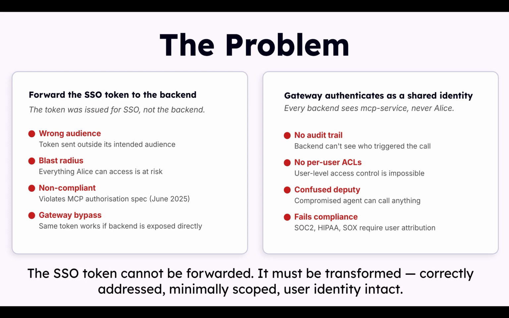So the token pass-through really involves the agent authenticating with a gateway using the SSO token, and then the gateway forwards that same SSO token to the backend service. So it does work. Unfortunately, it's non-compliant with the MCP spec. The reason for that is that the token is way broader in scope than any MCP server needs.